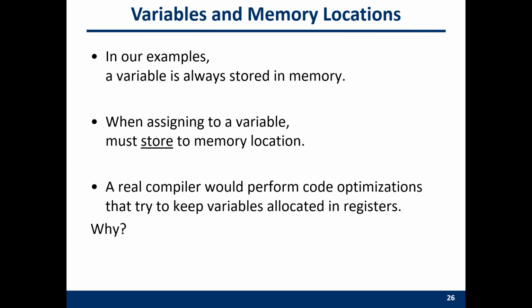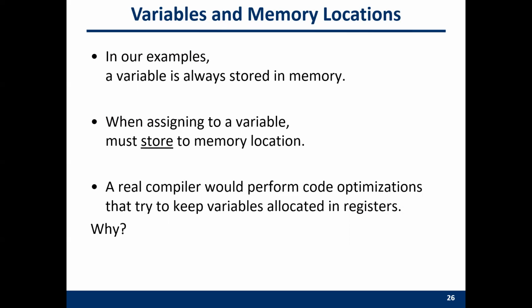So in these examples, a variable is always stored in the memory. So when we assign to a variable, the value must be stored to the memory location. But for a real compiler, they will do a lot of optimization. They try to keep more variables inside the register. Why?